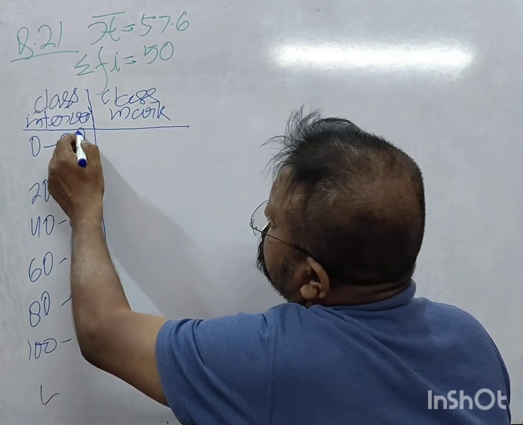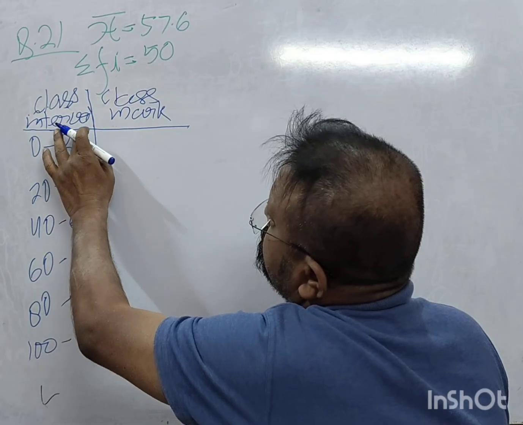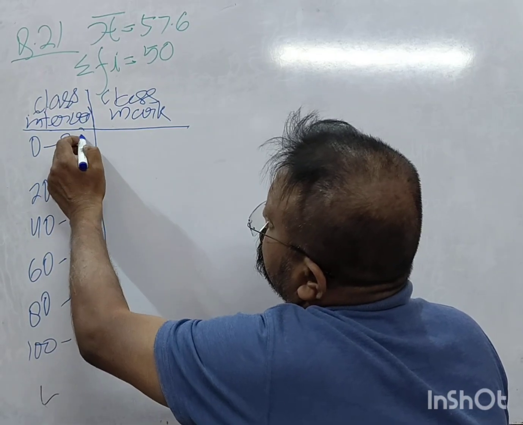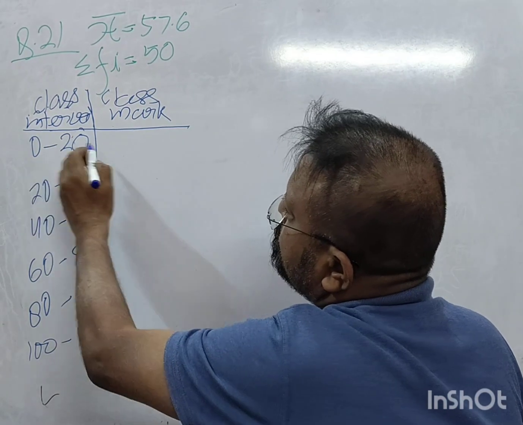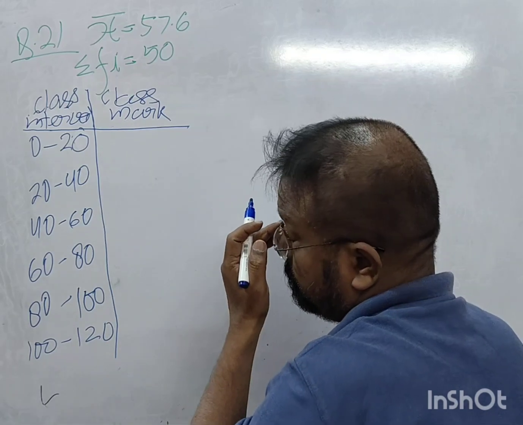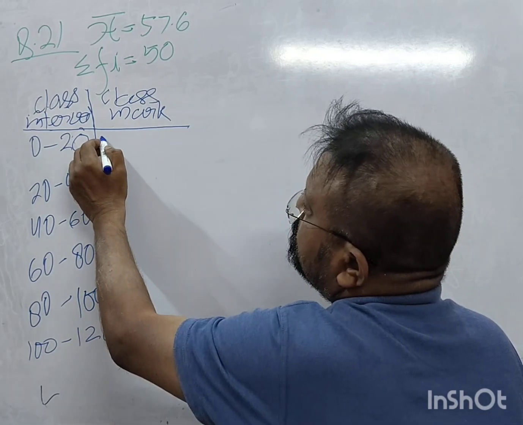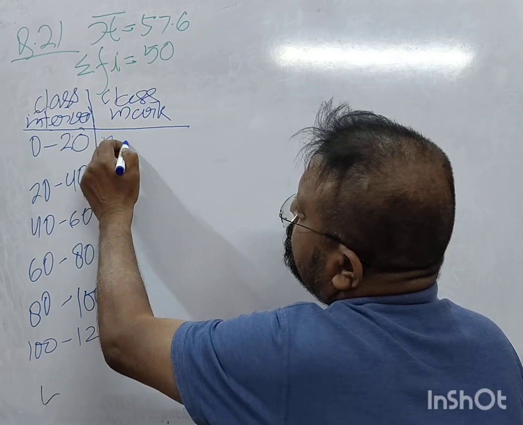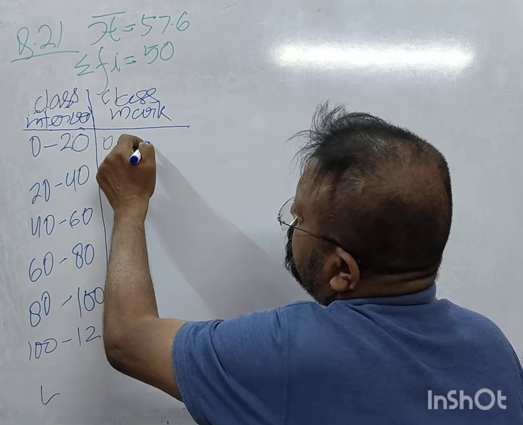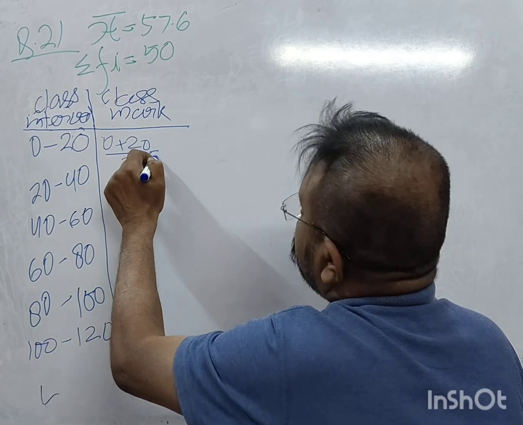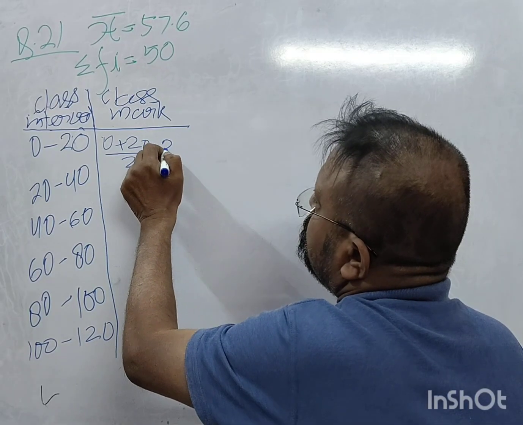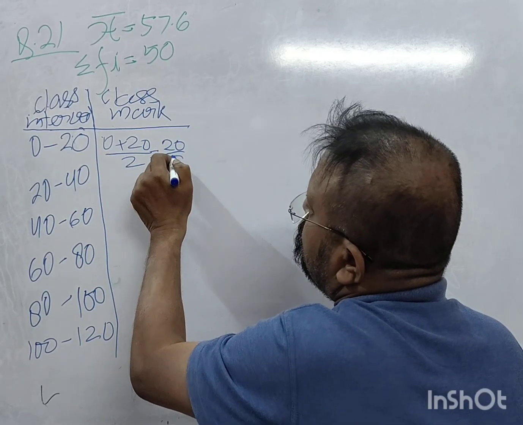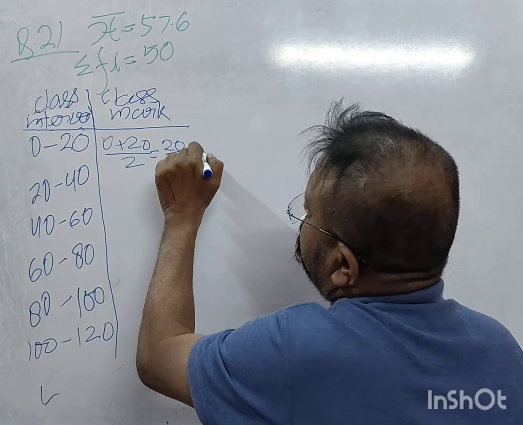Class mark: 0 plus 20 divided by 2 is 20 by 2, which is equal to 10.